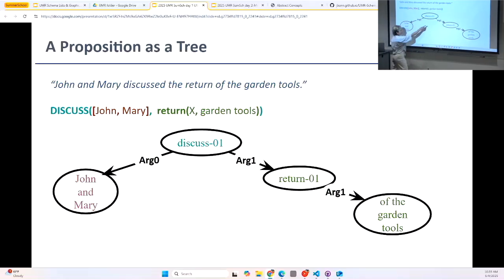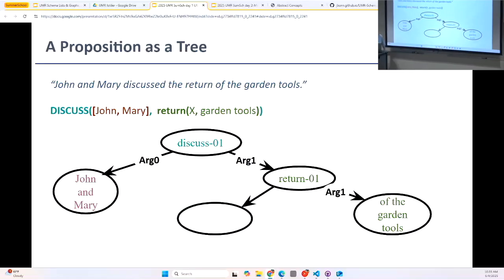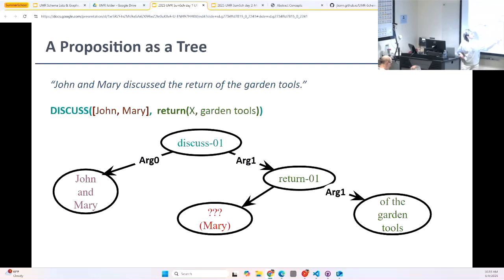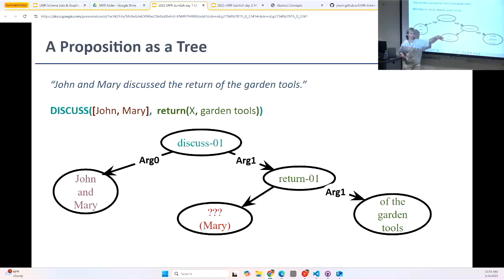Applying the numbered argument labels to these edges, John and Mary are Arg0, etc. And then here we have, even though it's not mentioned explicitly in the sentence, we can infer that there is this argument here. So we are aware that somebody is doing the returning of the tools, even though we don't know who that person is. It might be Mary.